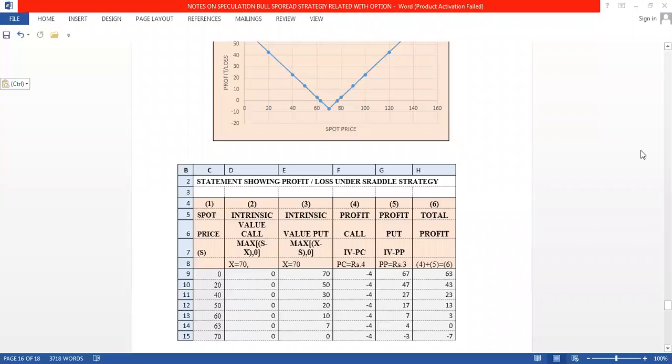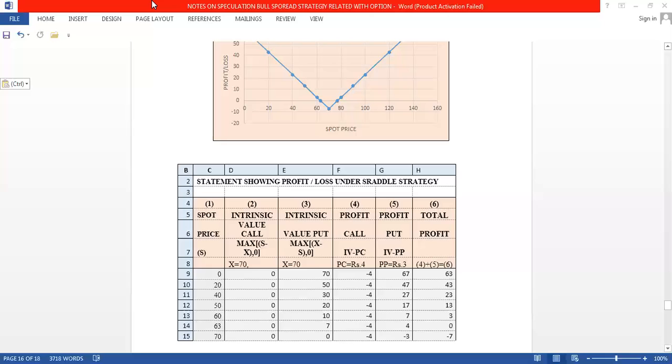All these 5 steps are shown here in this table in column number 2, 3, 4, 5, and 6. This is for step 1, this is for step 2, step 3, step 4, and step 5. And actually, first column indicates different types of spot price of the share that we have assumed.